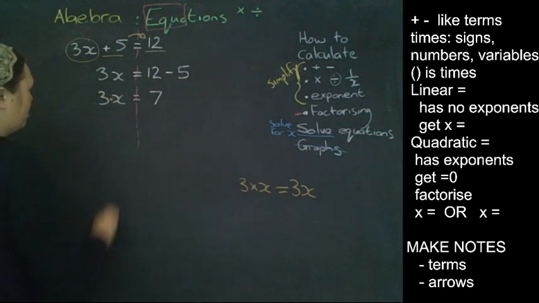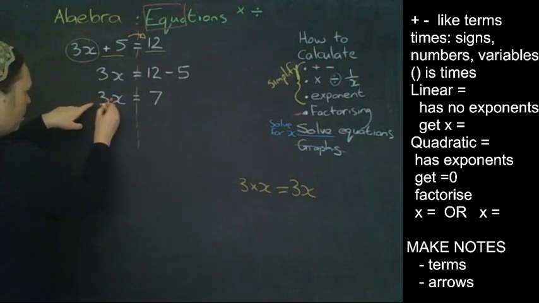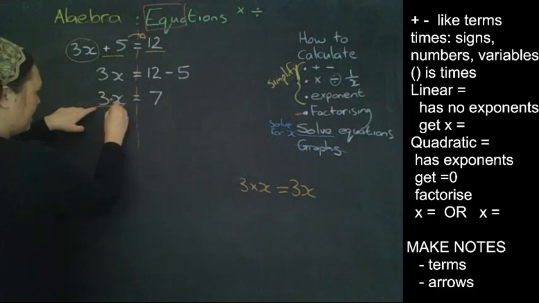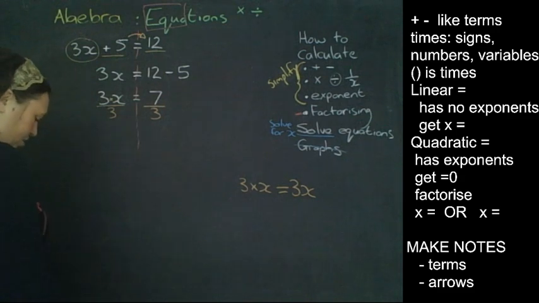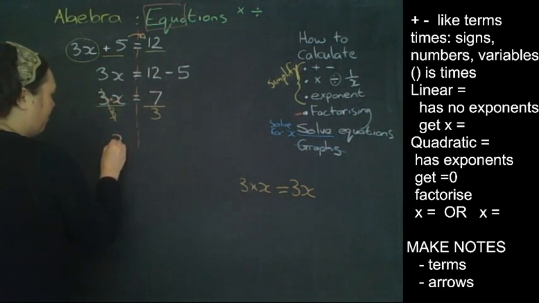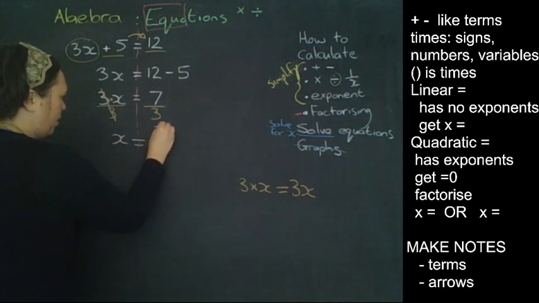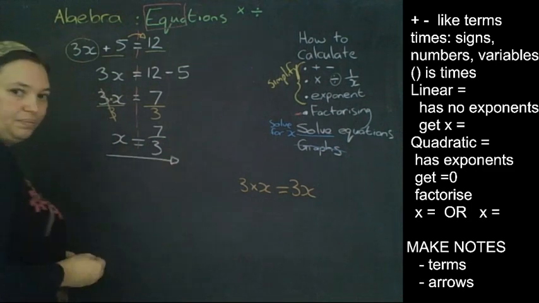So here, to get rid of the times, we're going to divide by 3 and divide by 3. So those two cancel out, and we have x equals 7 over 3, and that is my answer.